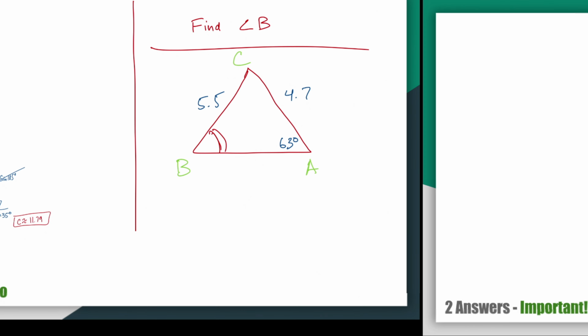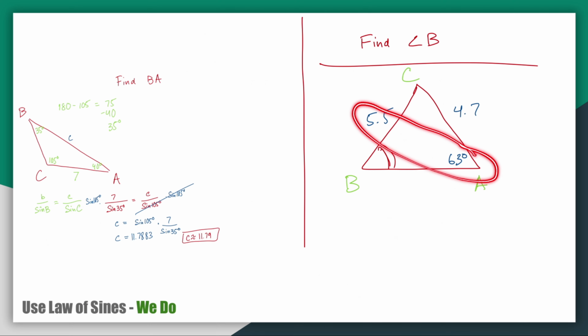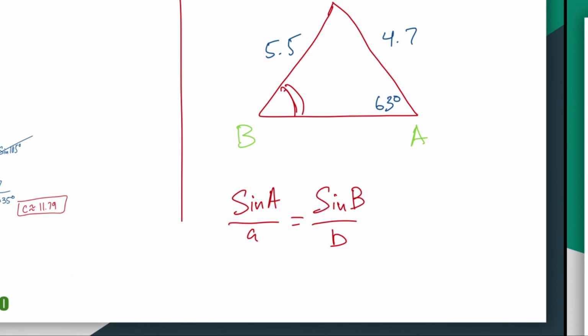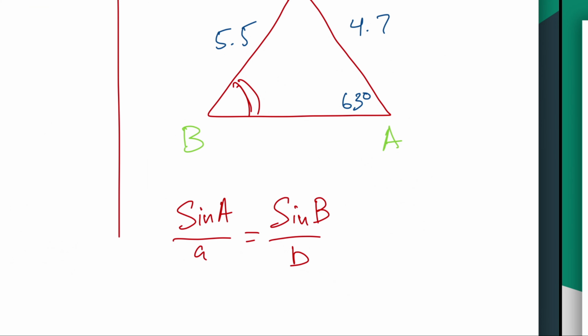Okay. So we see that we're given all of A, so we know we're going to need that one in the problem. Now for me, I'm going to use sine on top, purely because I want to. So I'm going to go sine of A divided by little a is equal to sine of B divided by little b, because remember, they're interchangeable.